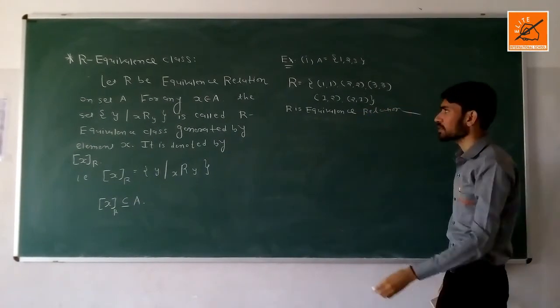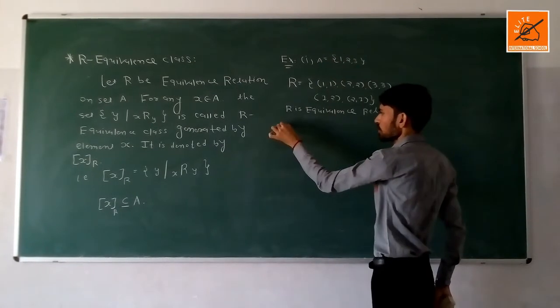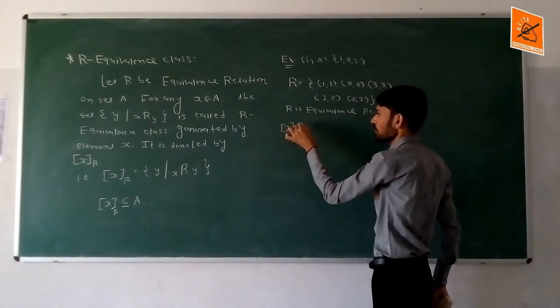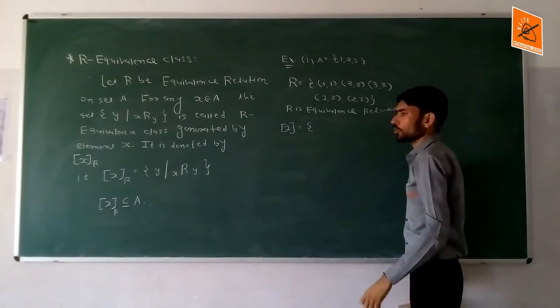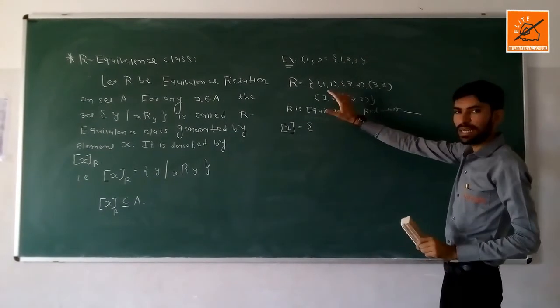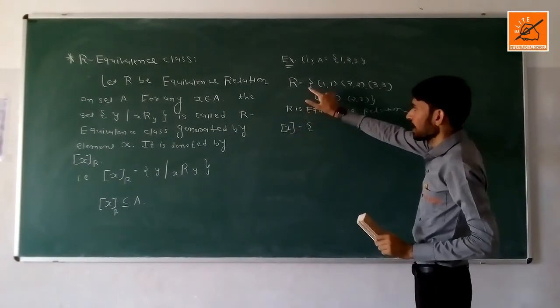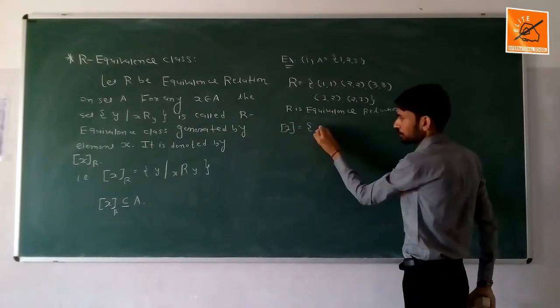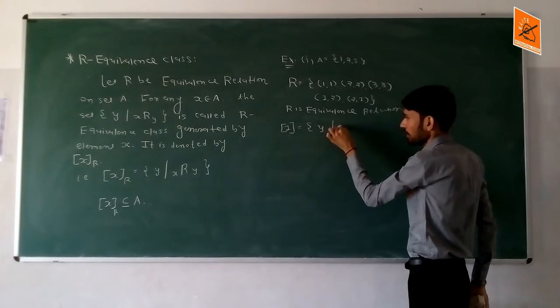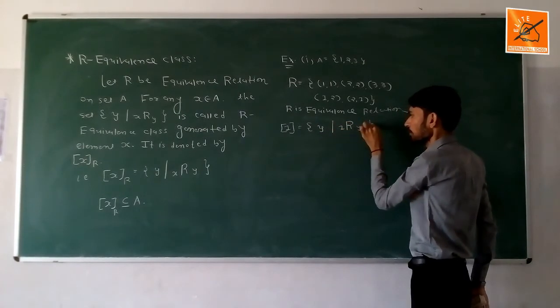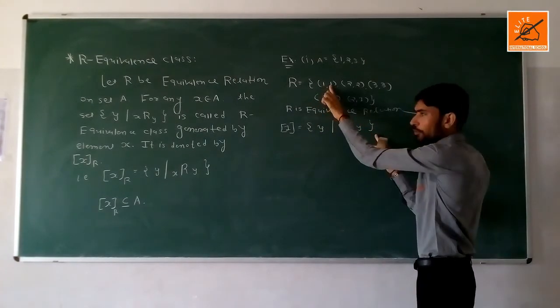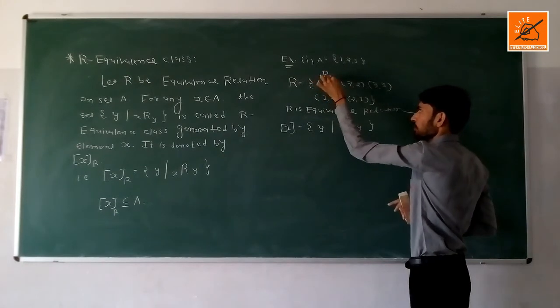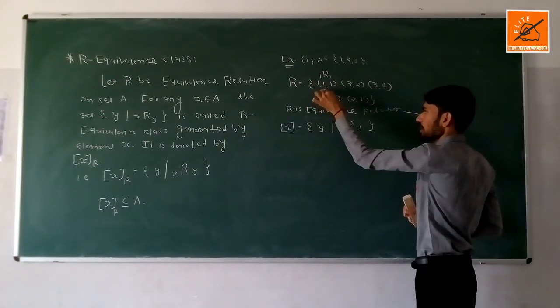Now to find the equivalence classes of 1, 2 and 3. First we find the equivalence class of 1. So observe which elements are related to 1 in relation R. Here 1 is related to 1, and 1 is related to 2.